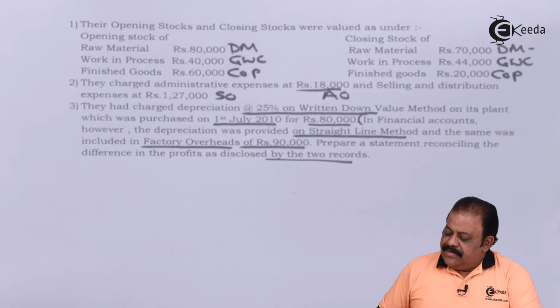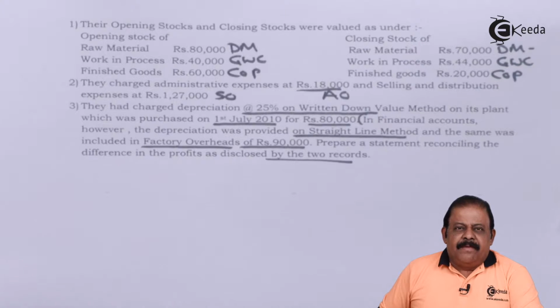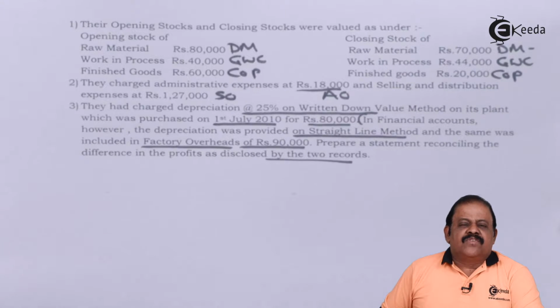So here we have different methods of depreciation. So we are required to first understand what difference it will bring to profit because of charging of depreciation under two different methods in two different set of books.